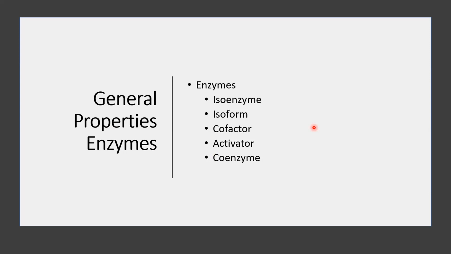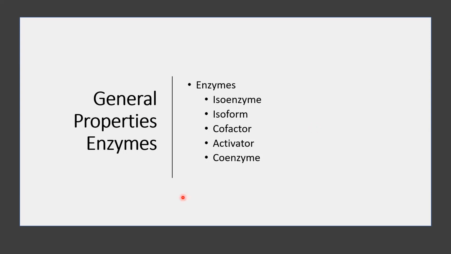The best example is magnesium chloride, magnesium ion rather, magnesium ion and chloride ion. These are inorganic elements, inorganic cofactors that serve as the activator for enzymatic activity.